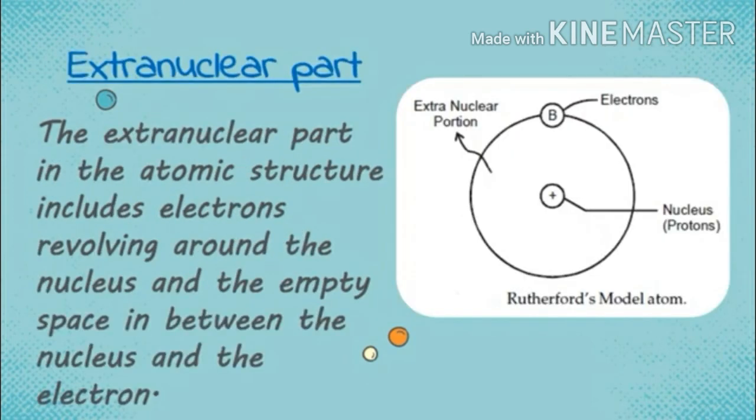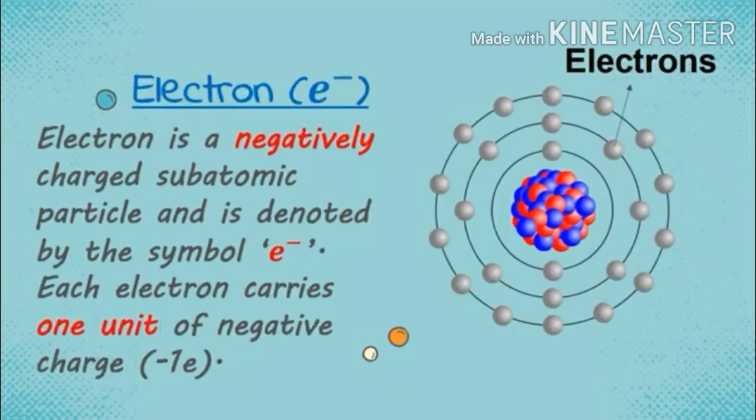Next, extranuclear part. The extranuclear part in the atomic structure includes electrons revolving around the nucleus and the empty space in between the nucleus and the electrons. Electron is a negatively charged subatomic particle and is denoted by the symbol small e. Each electron carries 1 unit of negative charge, that is minus 1 e.